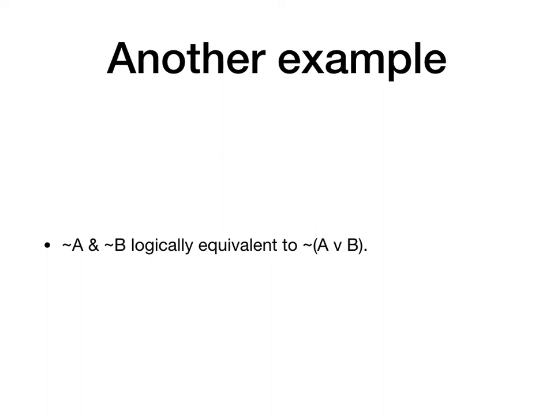Well, remember, we read everything inside the parentheses as sort of one letter. Whenever A or B is true, the stuff inside the parentheses is true, but because there's a not, the whole thing is false, right? That's the thing you look at. So the only way either of these is true is when A and B are both false.